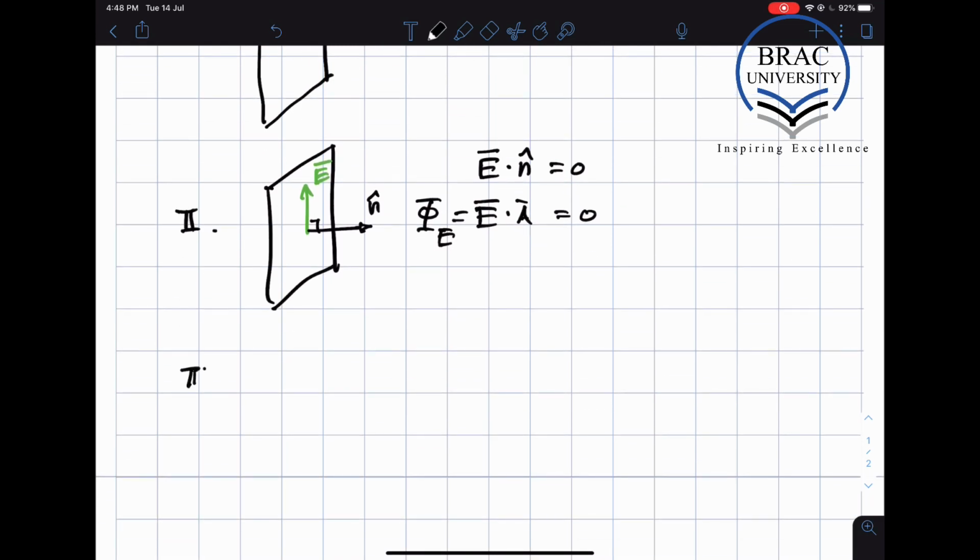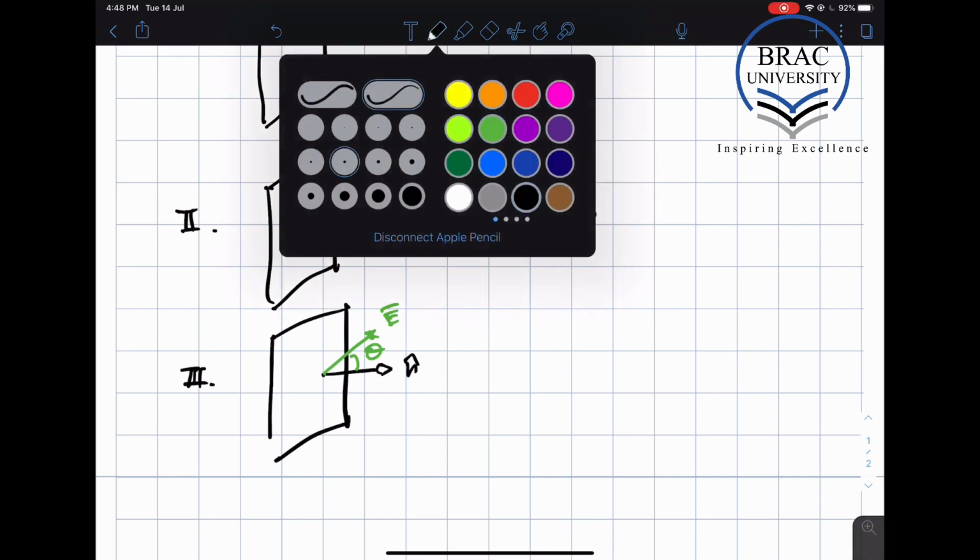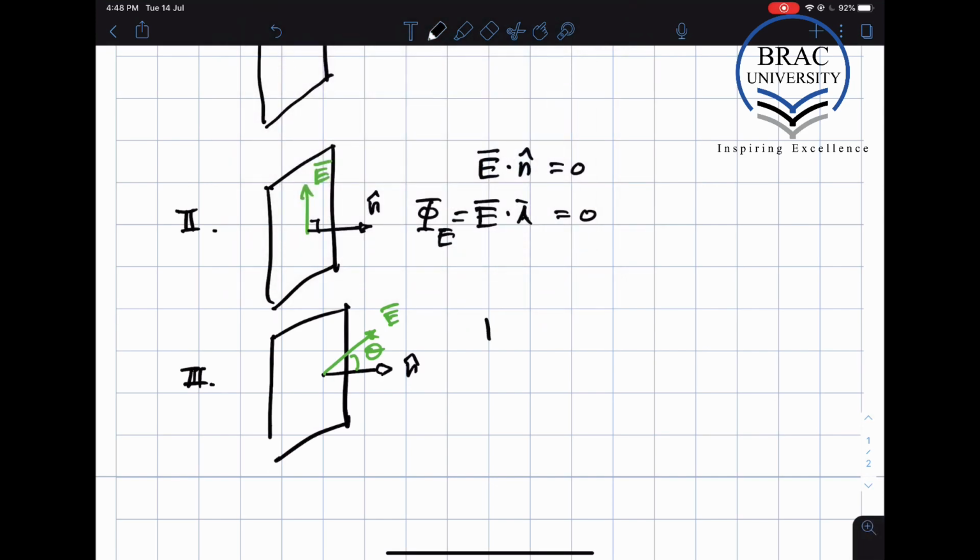And for the third case, we take the electric field to be in some arbitrary direction. So this is E, and it's making an angle theta with the unit normal. In that case, the electric field dotted with the unit normal will give me E times cosine of theta.